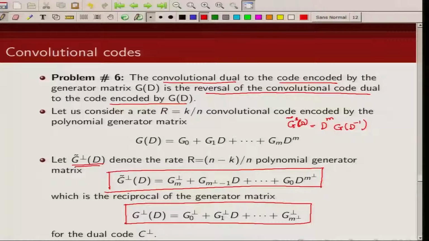So, reversal of the convolutional code dual is this, right. So, if the dual of the original code is given by reversal of the convolutional code, then what is the property this generator matrix should satisfy, this and this transpose should be 0. So, we have to show that G(D) and this generator matrix transpose is 0.